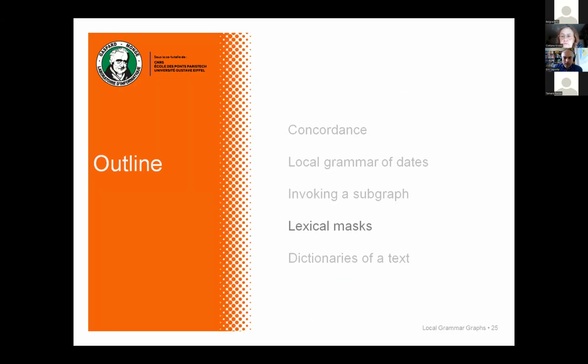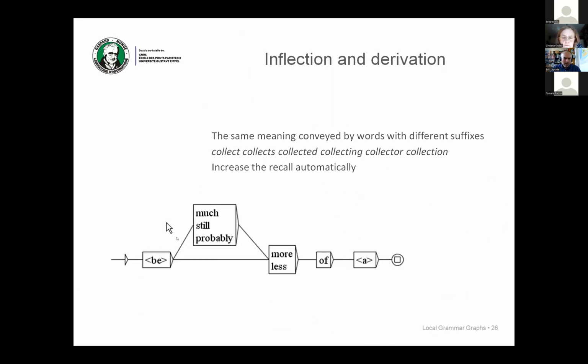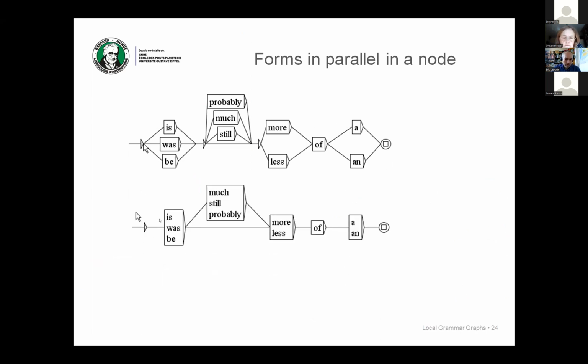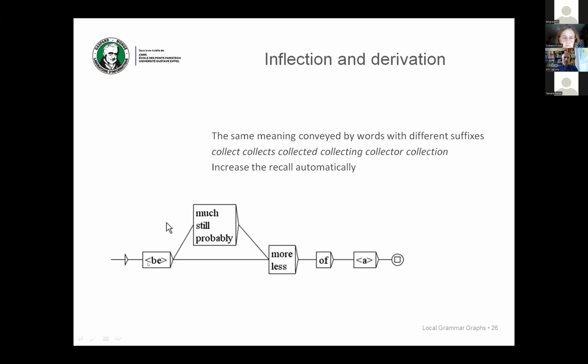Okay, so lexical masks will be a way to target several forms with one query. For example, several forms with different suffixes. We are doing this in this graph, where, as compared with the preceding graph, which had is, was, be in three boxes or in one box, now we will have it with a single query of the verb be with the angles.